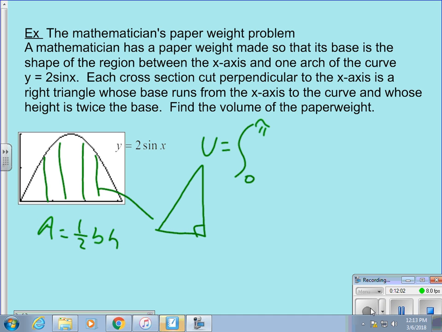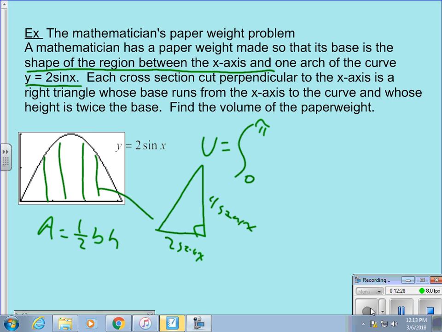And it says, what is the base? It says base is the shape of the region between the x-axis and one arc of that. So this is 2 sine x, that's one side, whose height is twice that, 4 sine x. Okay.